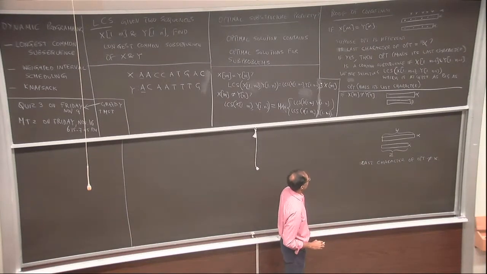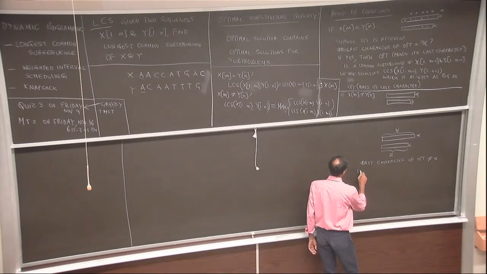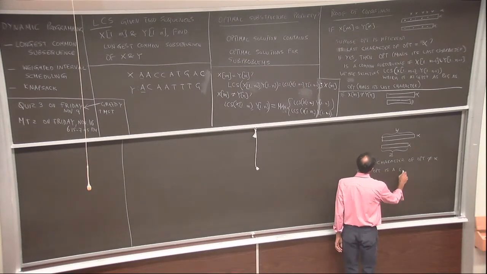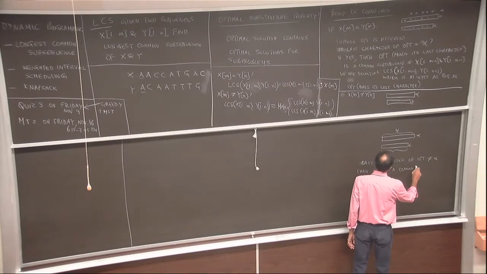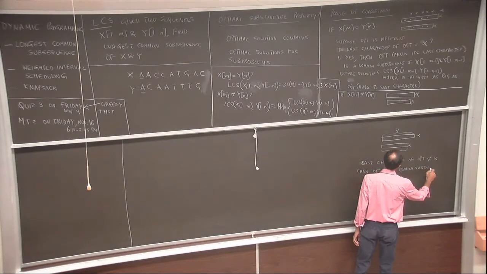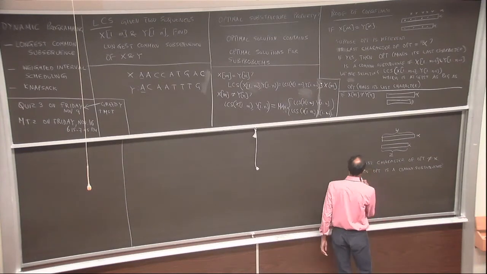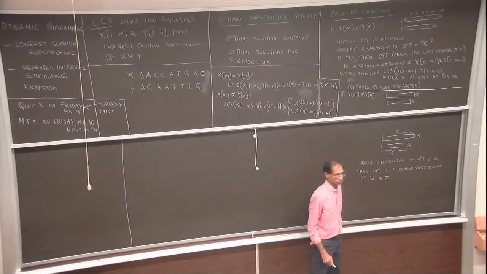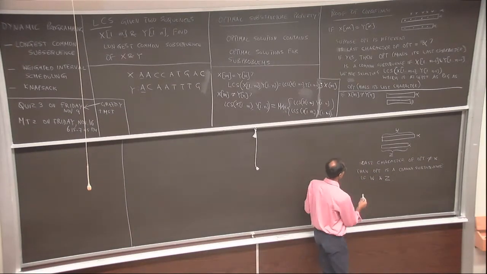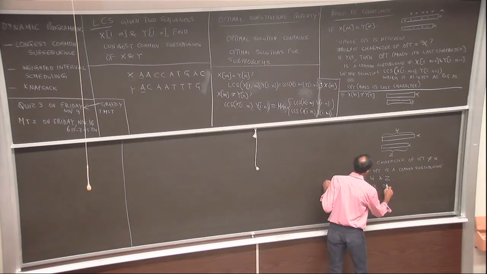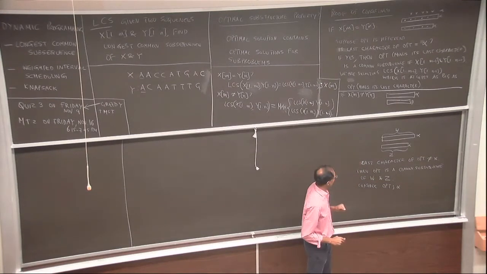Then opt is a common subsequence of W and Z. Consider opt followed by alpha. Okay.